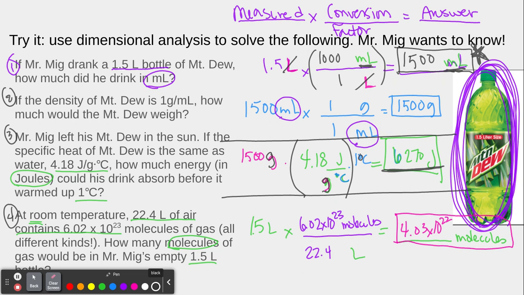I lined up degrees Celsius on top to get rid of degrees Celsius on the bottom. As long as you can line up units so that they reduce out of your equation, you can do dimensional analysis. So we will keep trying this, and we will get better at this as we go.